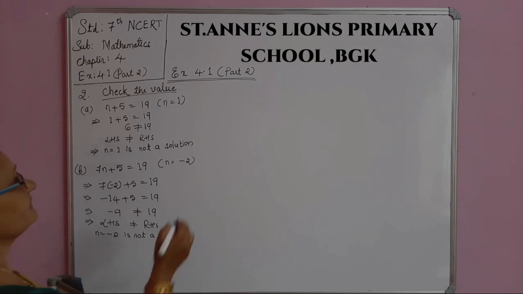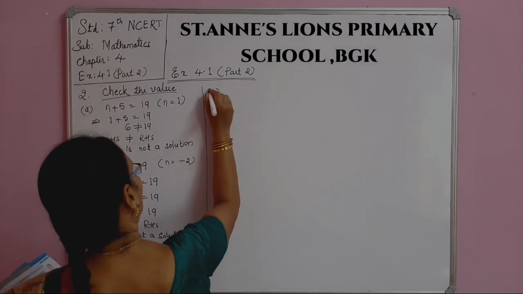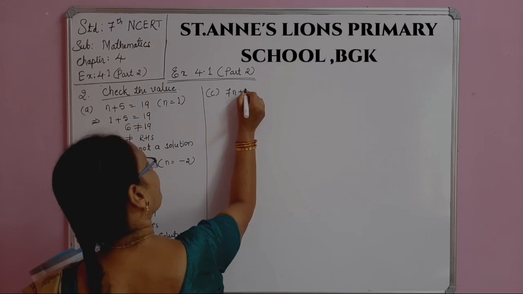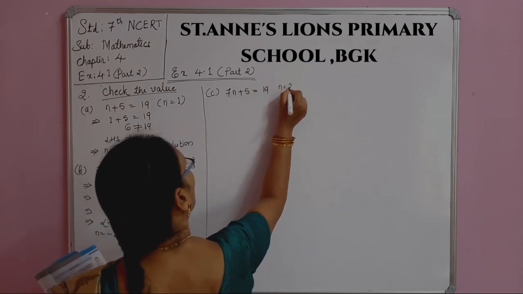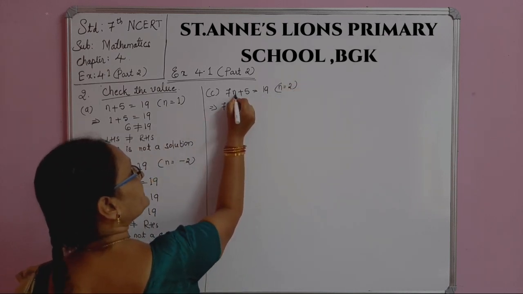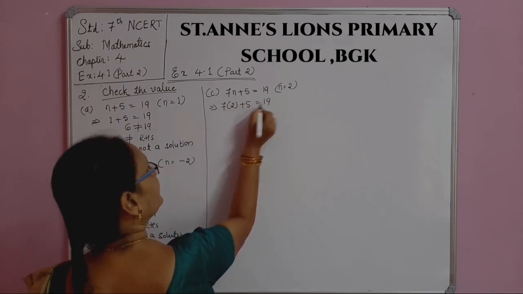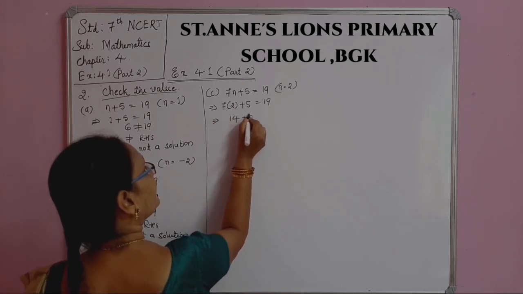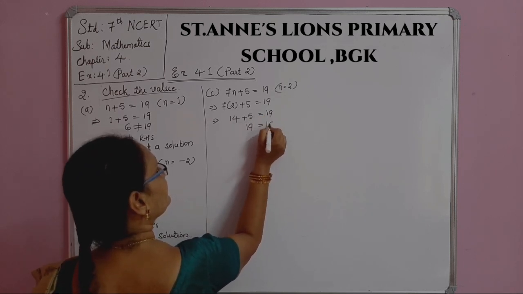Now the third one, C: 7n plus 5 is equal to 19. Here n equal to 2. So in place of n we put 2: 7 into 2 plus 5 is equal to 19. 7 twos are 14, plus 5 is 19, which is equal to 19.